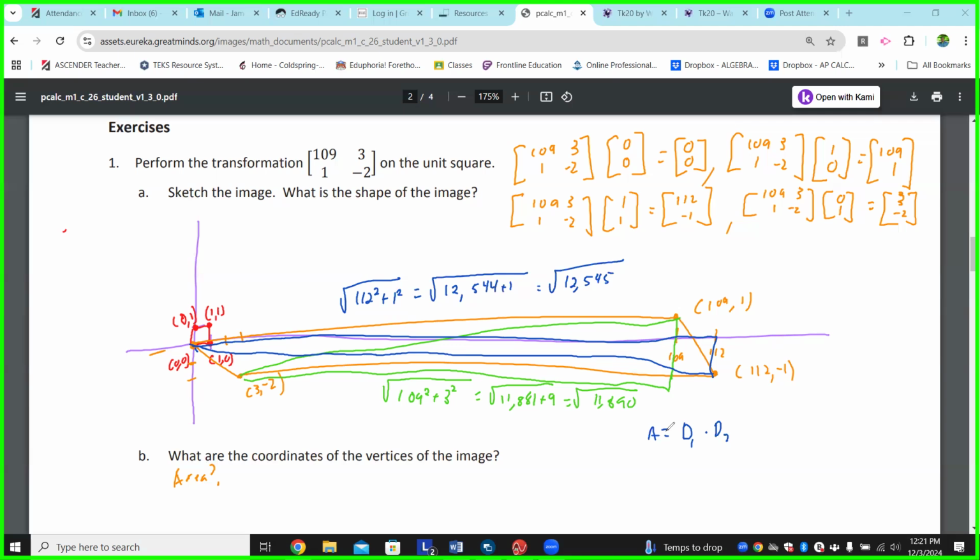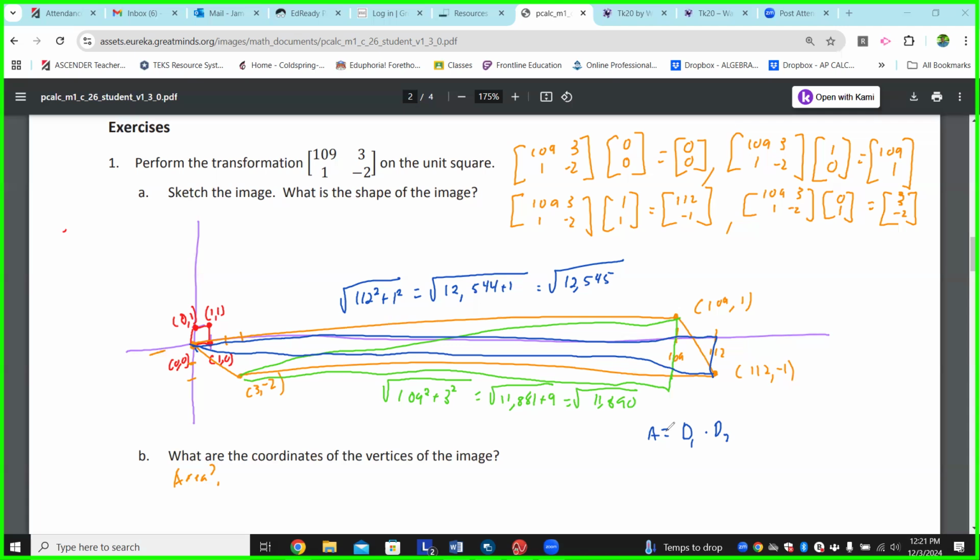So I just need to know 12,545 times 11,890. Shouldn't it be the same? Parallelograms are supposed to be the same. Oh, no, it doesn't have to be.